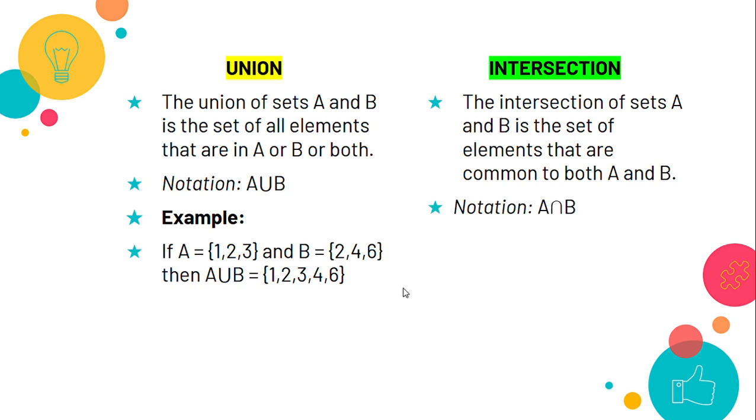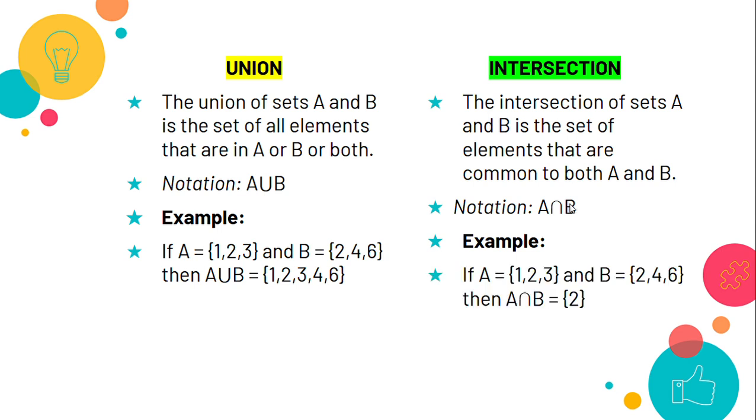For intersection, we represent it using an inverted U. This just means A intersect B. Using the same sets, if A is 1, 2, 3 and B is 2, 4, 6, the only element that is shared between those two sets is the number 2. So A intersect B would be equal to 2.